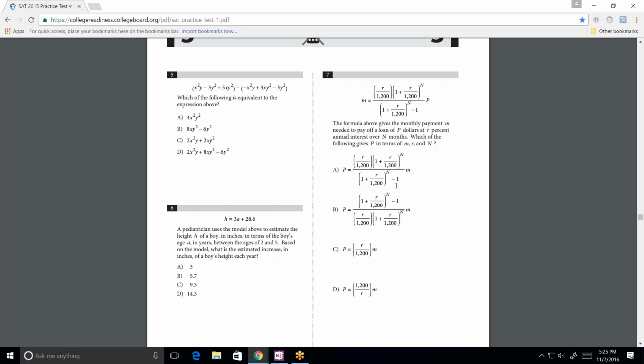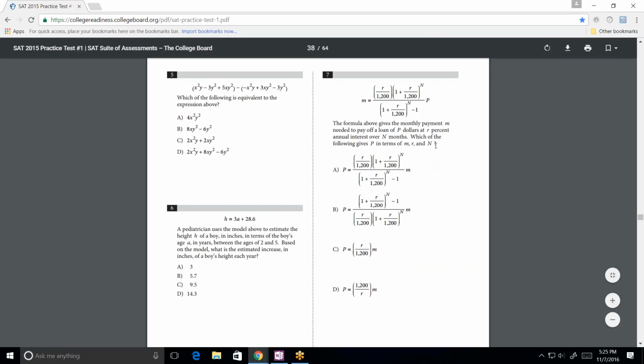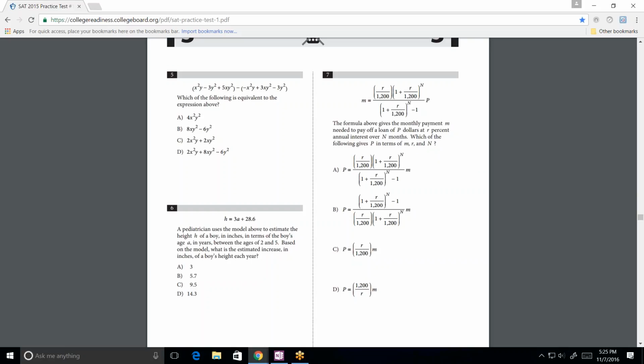Whereas if you start right off, cover up these answers, you'll even remember you were trying to figure out what P, N, and all of them meant, which was a waste of time because they're not pertinent to the problem. You don't need to know that P is the payoff of the loan or R is the percent or any of that.